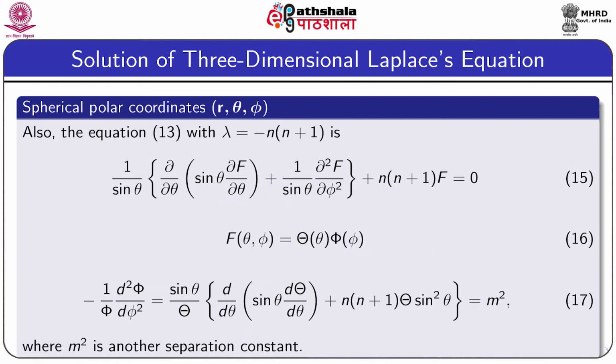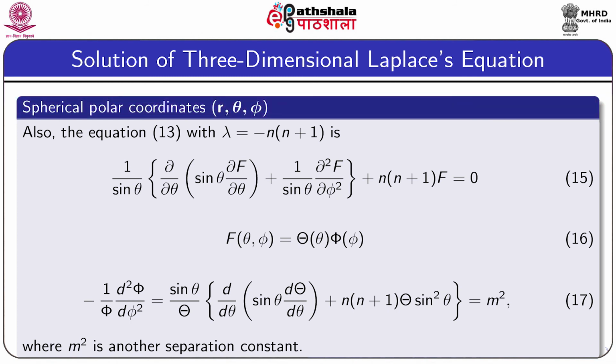We have already assumed the value of lambda as minus n into n plus 1, so we are putting the value of lambda here. Now, we are again applying the method of separation of variables. We are writing F as the product of capital Theta and capital Phi, and substituting 16 into 15 to obtain a relation which is written in 17.